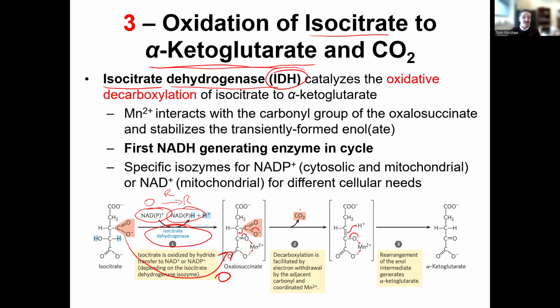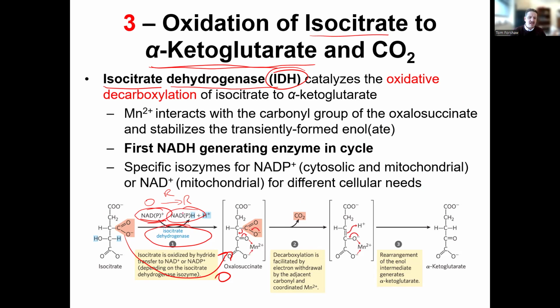This is a common occurrence: dehydrogenases are redox enzymes that very often take electrons from a substrate and put them onto the cofactor. These are often nucleotide cofactors, such as NAD, FAD, things like that. There's a whole bunch of them.